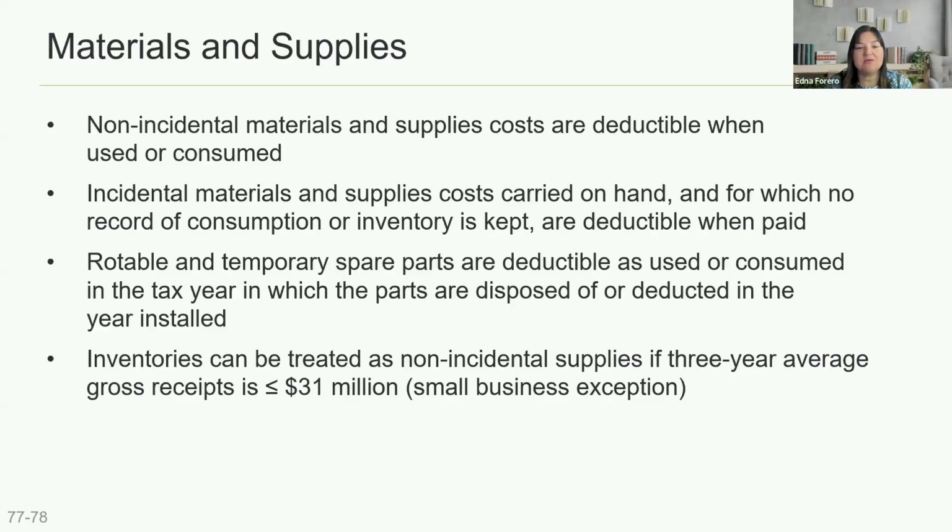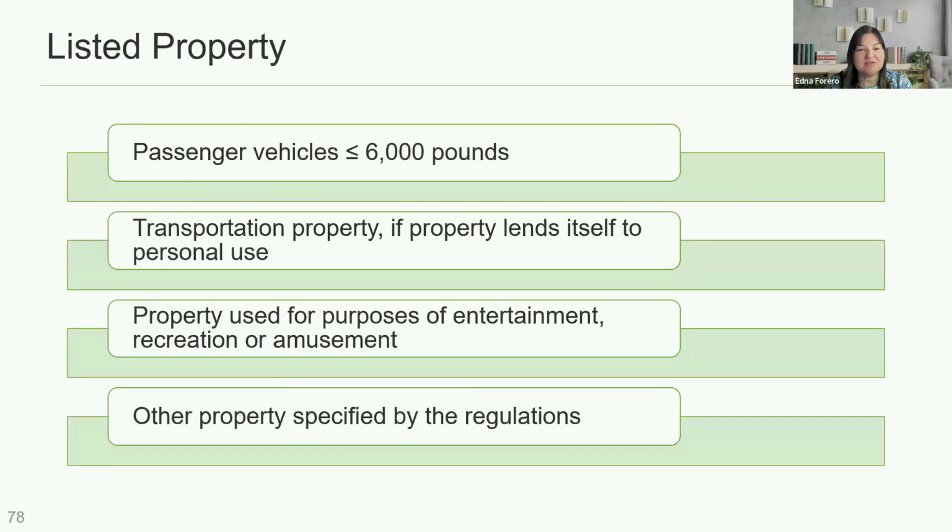All right, now listed property, we've heard that term in the past. That typically happens when something might have a possibility of being used as personal and as business. So this is reported and stated separately on a 4562, and the IRS does watch for misuse of some of these items. So make sure that your clients have good records or that you're able to determine what's personal use and what's business use.